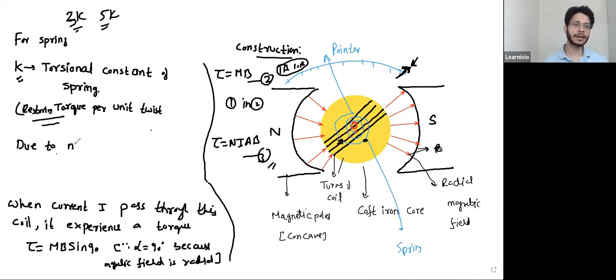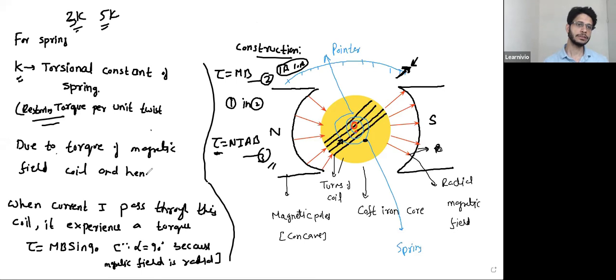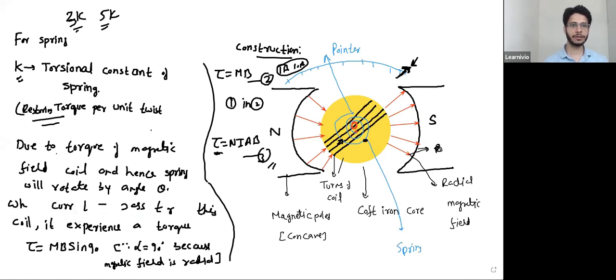So due to the torque of the magnetic field, the coil and hence the spring will rotate by an angle theta.